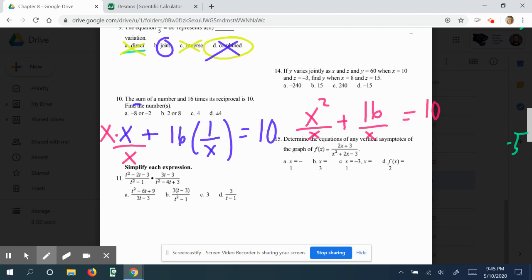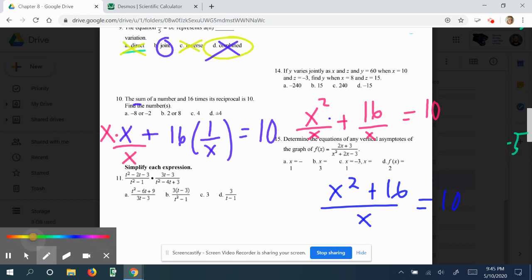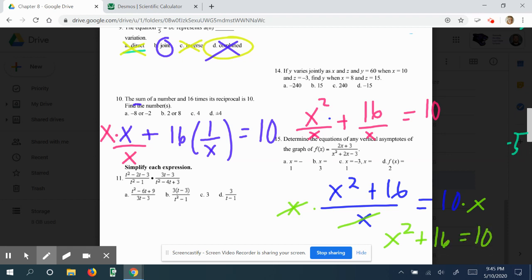And so what I can do is now add and say x squared plus 16 over x equals 10. Okay, now what I'm going to do is get rid of the x on the bottom. So I multiply both sides by x. I cancel out, and I get x squared plus 16 equals 10x.